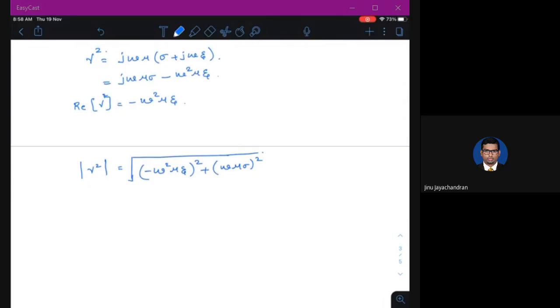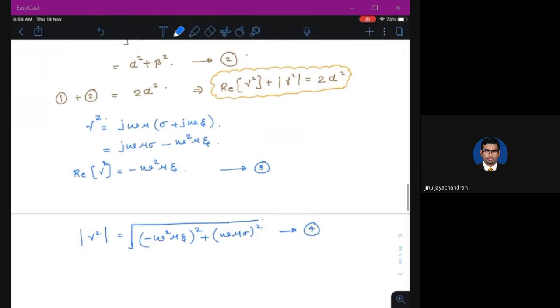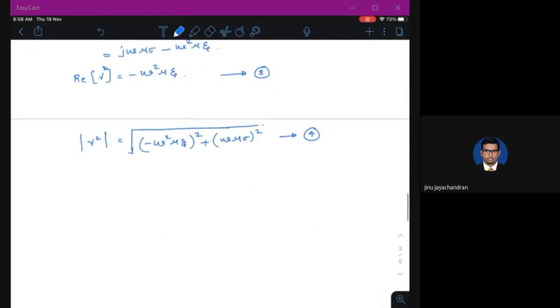So let's say this is equation number 3 and this is equation number 4. Basically I want to add 3 and 4 to get this equation, which is real part of gamma square plus magnitude of gamma square. So when you add 3 plus 4, you will have the real part of gamma square plus magnitude of gamma square is equal to square root of minus omega square mu epsilon whole square.